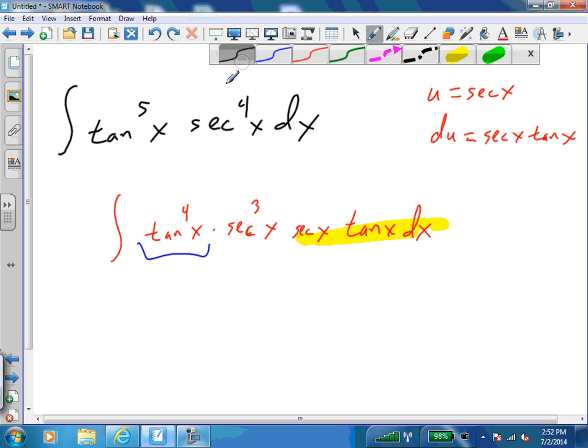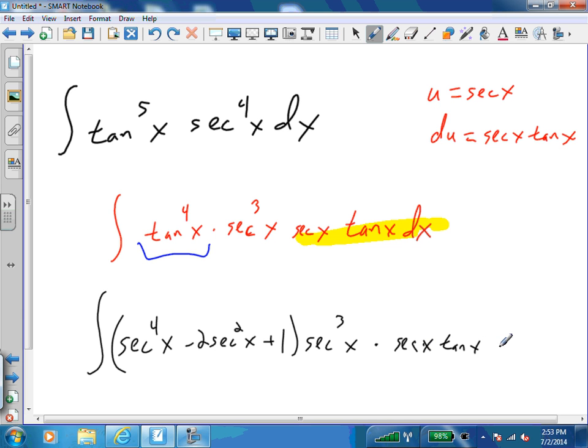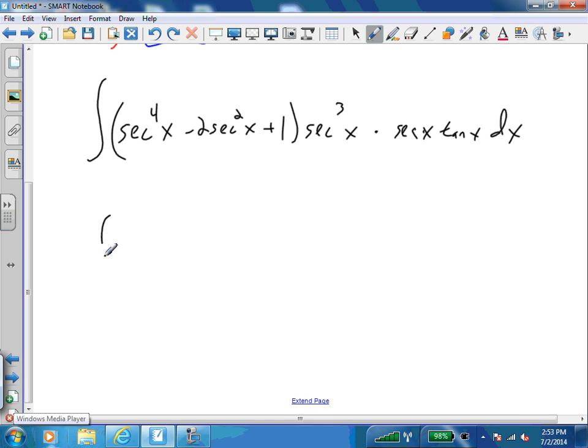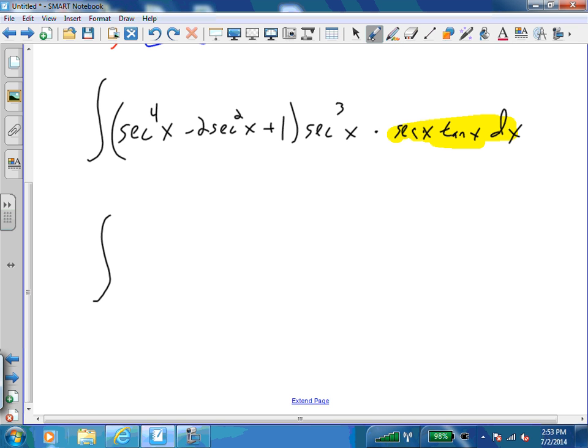So tangent to the 4th is secant to the 4th minus 2 secant squared plus 1. Now we're going to leave that as our du, so we want to distribute everything else.